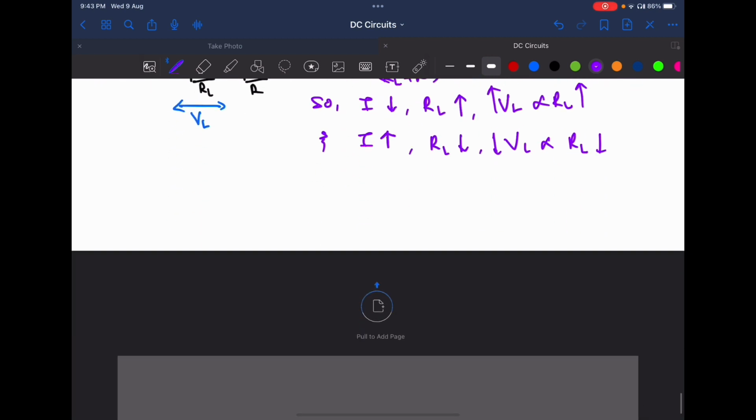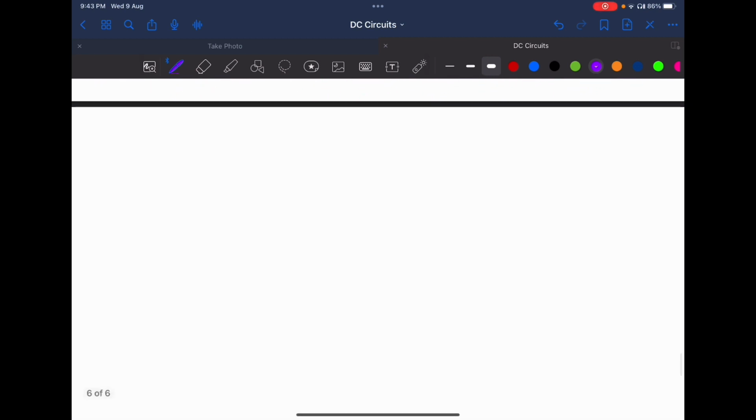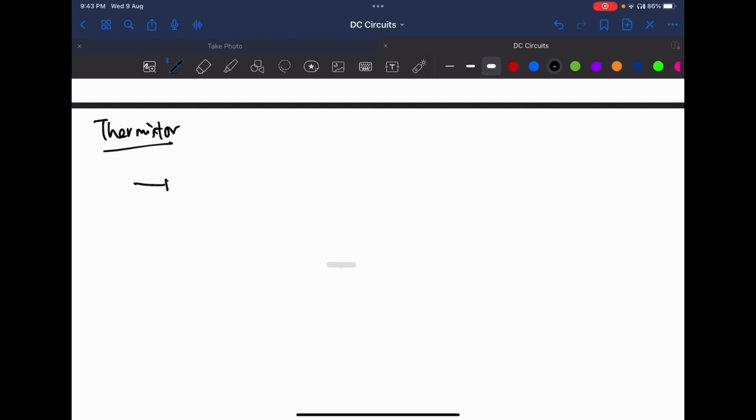Okay, and the next component we're going to look at is the thermistor. This is the symbol for the thermistor, RT. The thermistor that we are learning is called the negative temperature coefficient thermistor.